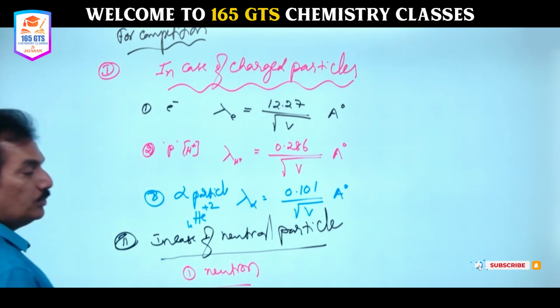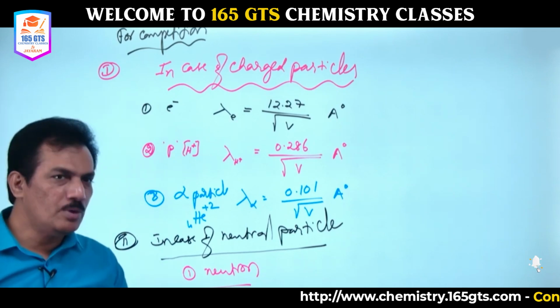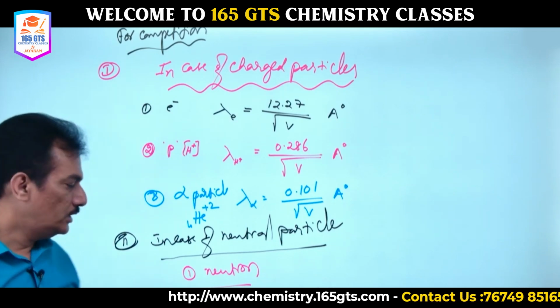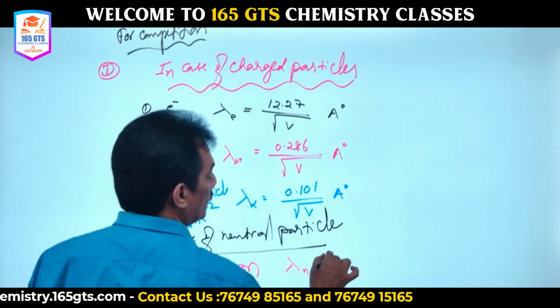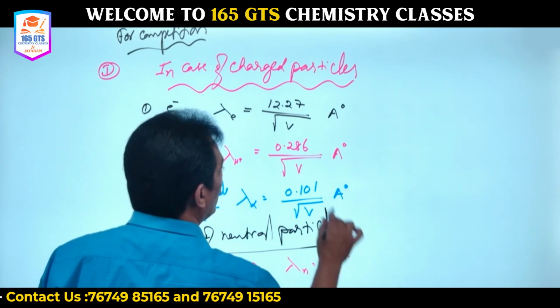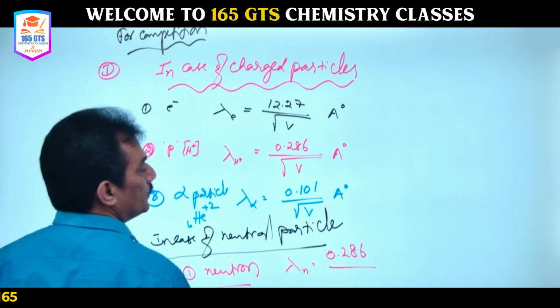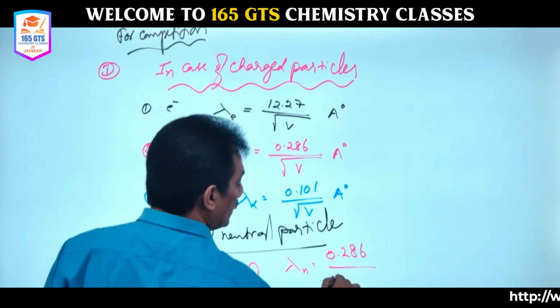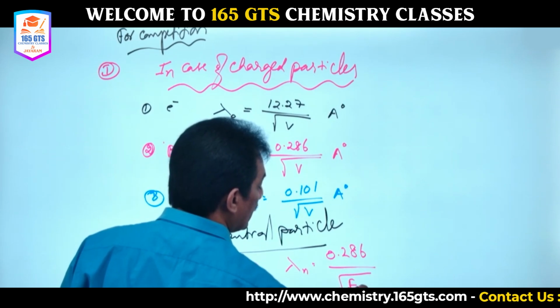It is not possible to accelerate this, is it not? But some energy will be provided to it to move. In such a case, for neutron, lambda n is equal to 0.286 by under root, instead of V, the energy provided to it in electron volts.